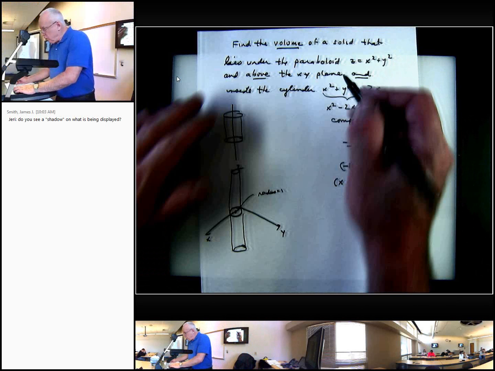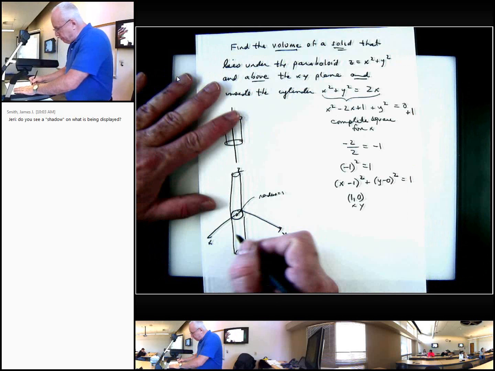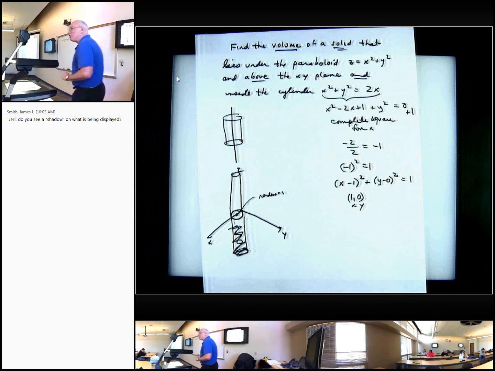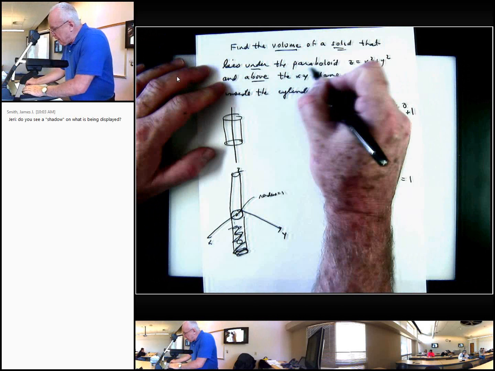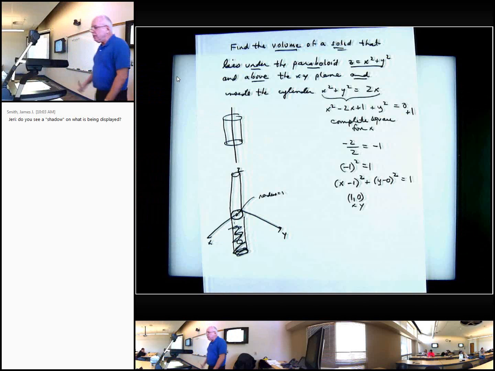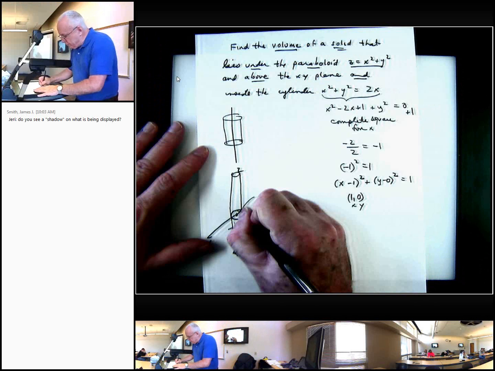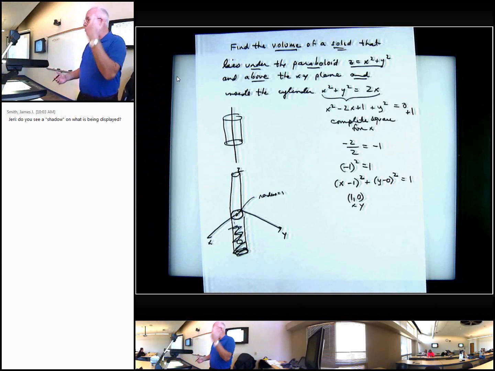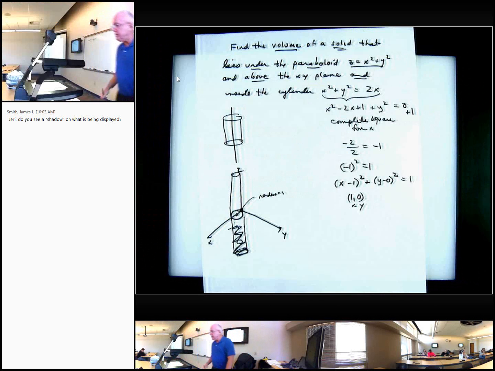Now, what we're told is this solid lies above the xy plane. So let's just forget about what I just drew underneath the xy plane. And then what else do we have? It lies under the paraboloid z equals x squared plus y squared. When x and y equal 0, z has to equal 0. So that's a point right there on it.